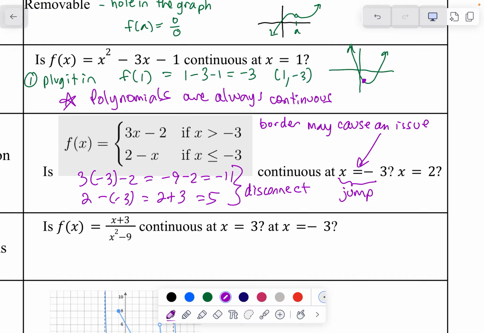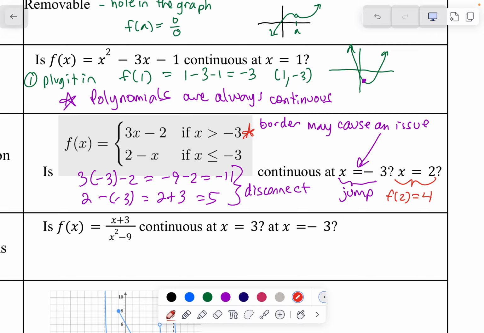Now, we had practiced plugging into piecewise functions, I think, in one of the very first lessons we had done. Let's check what's happening at 2. Now, 2 is greater than -3, so it fits that top category. It's nestled way after -3. 2 is to the right of -3 by quite a bit. And so f of 2 is 6 minus 2, or 4.